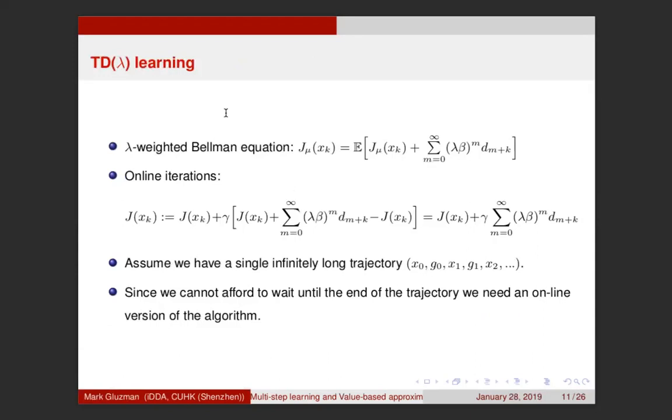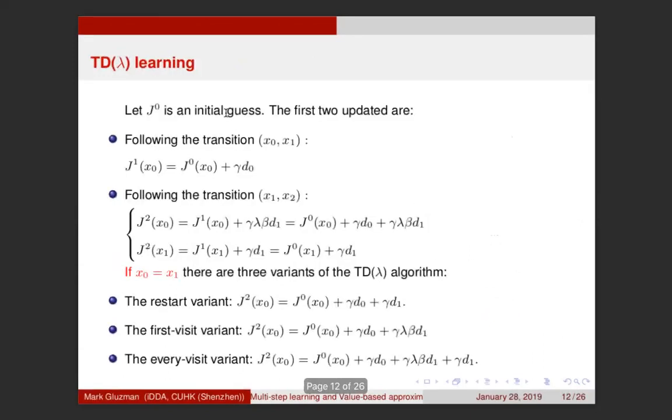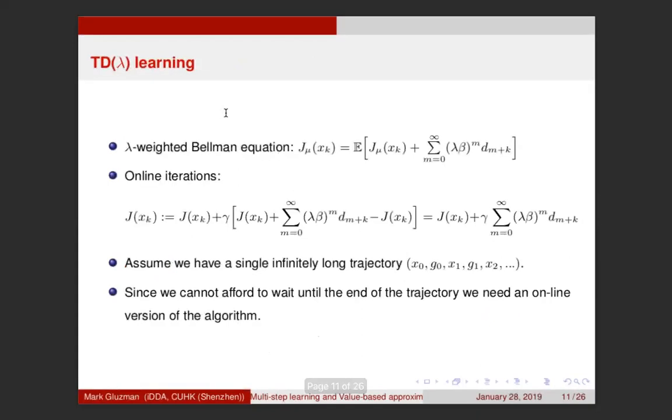estimate this summation until the time that is possible. So if, for instance, we have done n time steps or n iterations, we can estimate this sum until n. We want to create an algorithm that calculates this infinite sum iteratively.